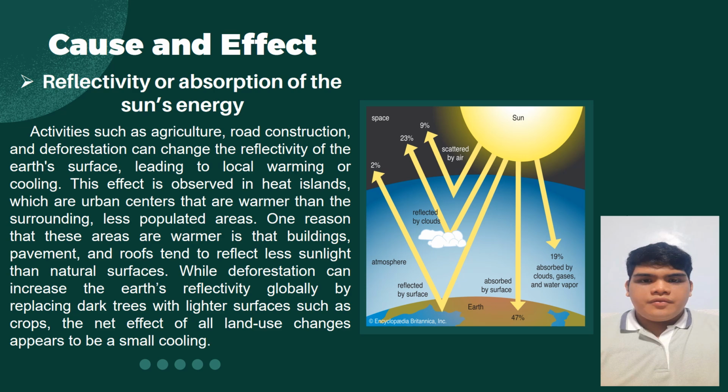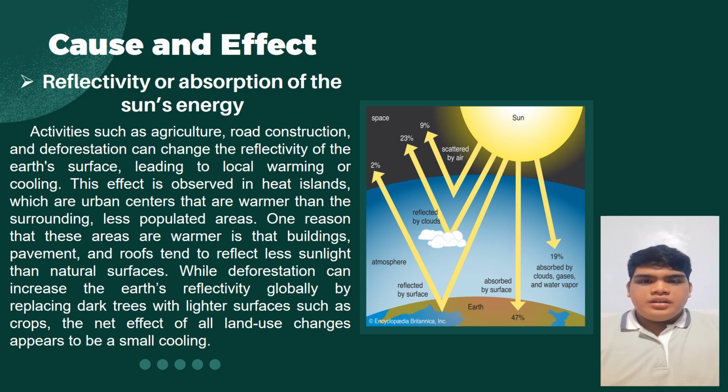Another cause is the reflectivity or absorption of the sun's energy. Activities such as agriculture, road construction, and deforestation can change the reflectivity of the Earth's surface, leading to local warming or cooling. This effect is observed in heat islands, which are urban centers that are warmer than the surrounding, less populated areas.